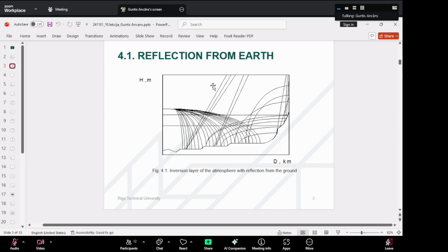Reflections from Earth's surface depend also on the terrain profile.